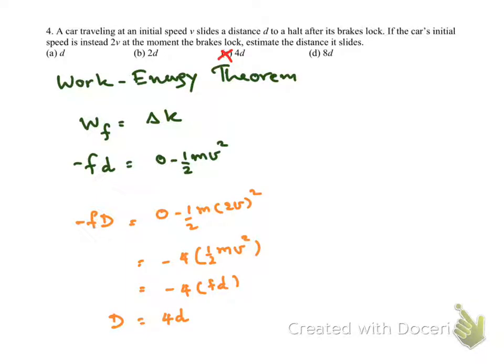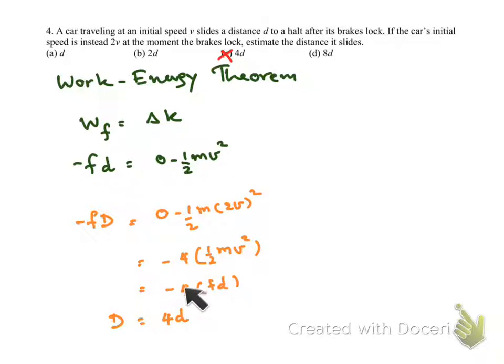And if we increase the initial speed to 2v and assume that the car moves a distance capital D before stopping, we have this relation for the second part. If we rearrange this equation, put the 2 out of the square, so we have 4 here, and notice that half of mv squared is equal to Fd.